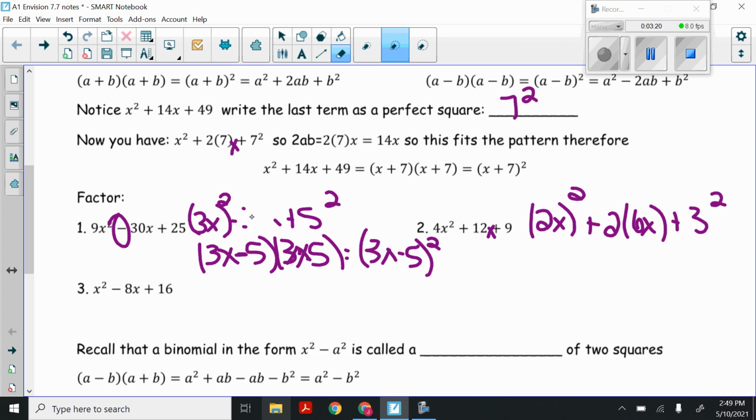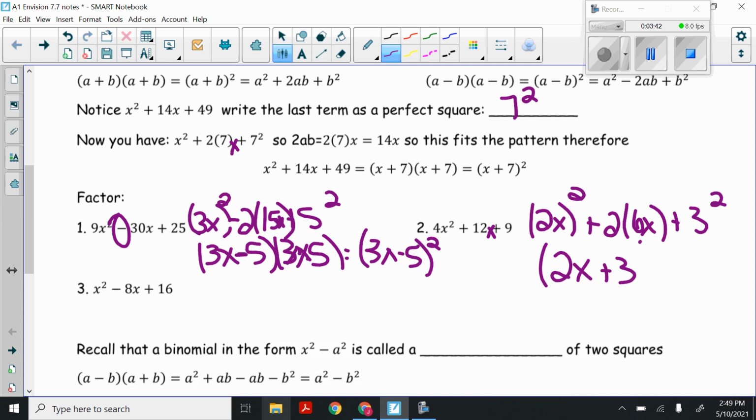On this first one, I could have really said this is minus 2 times 15x, right? So 2 times 6x gave me the 12x, 3 squared is 9, 2x times 3 is that 6x, and then we double it. So this is the same thing as saying 2x plus 3 quantity squared when I factor that.